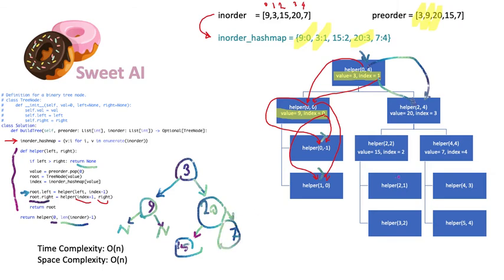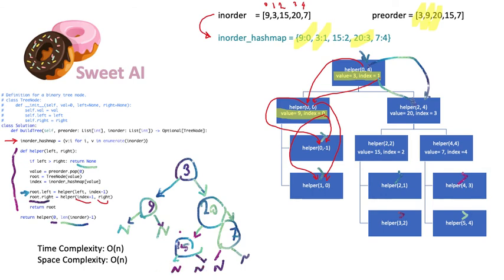As you see, 2 is bigger than 1, 4 is bigger than 3, 3 is bigger than 2, 5 is bigger than 4. There are no more nodes here, and these are all null. So this is how we build the tree.